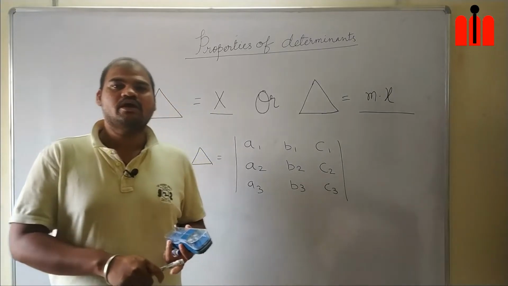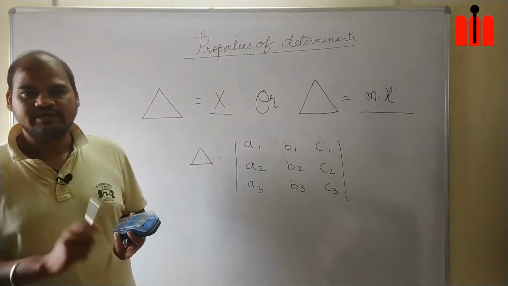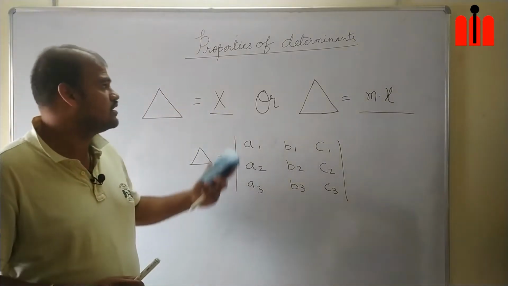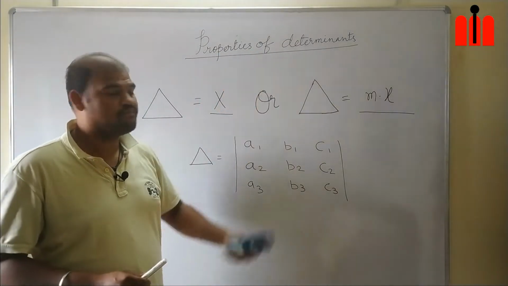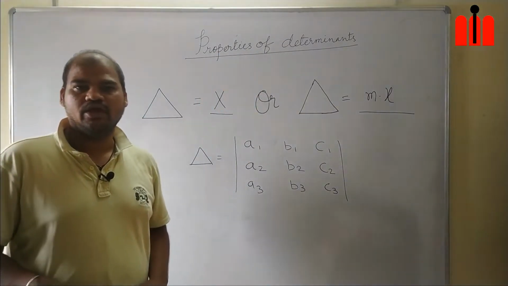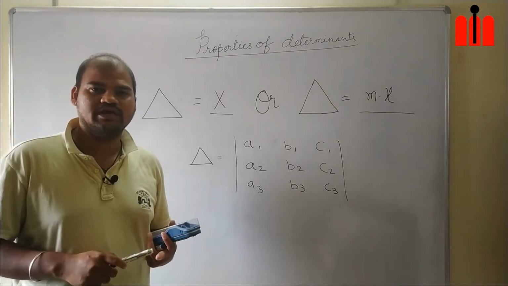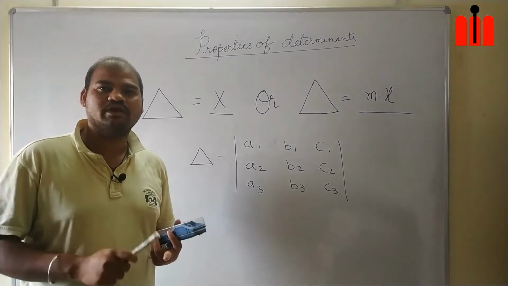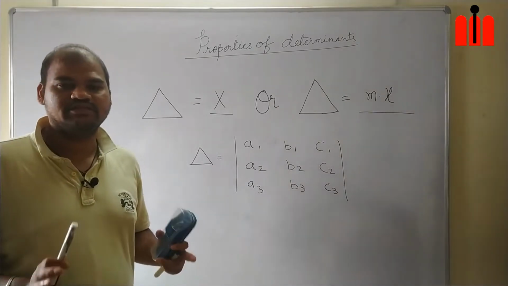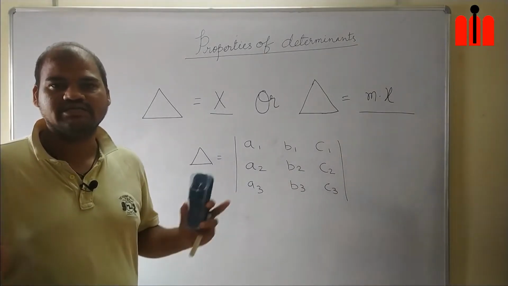Now, in this detailed explanation class, we will cover the properties of determinants. So what will be the roadmap of today's class? We will complete the properties of determinants in this detailed explanation class 5.